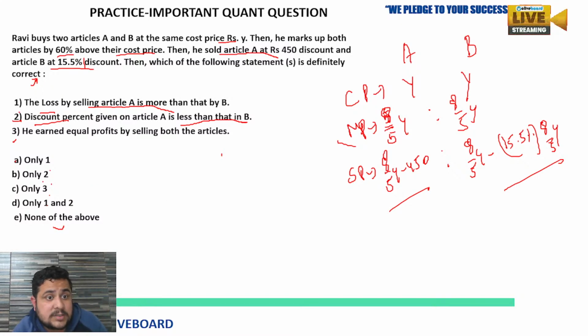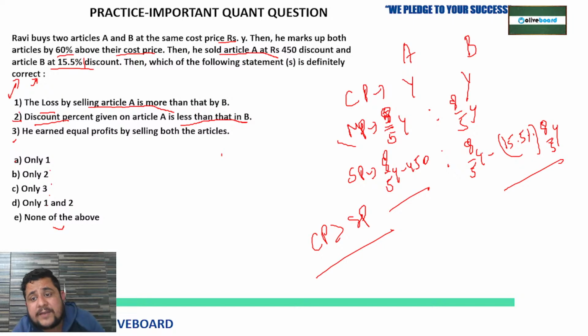Okay. So in statement 1, what is given? The loss by selling article A is more than that by B. So can we calculate the loss? Loss is equal to what? When your cost price is greater than selling price. So already we know that the marked price of B is 160% of the cost price.